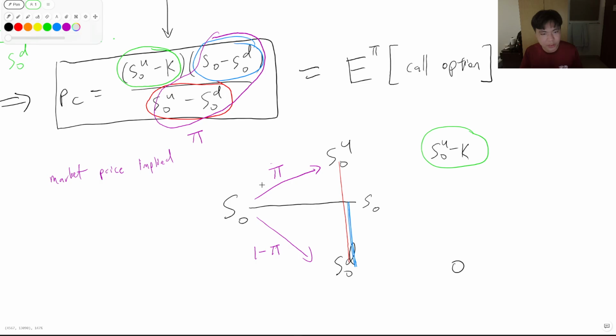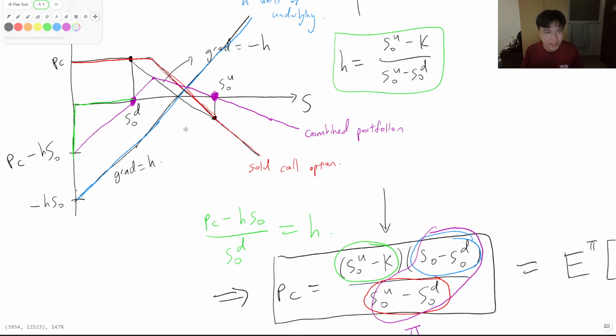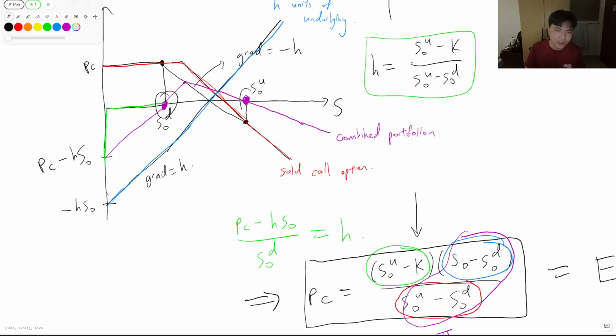And we are pricing our option based on that because even if we are wrong about the true probabilities, even if pi is not the true probability of an uptick, I do not actually care whether it upticks or downticks. Because the market was trading at S naught, I had the ability to hedge my short call option, hedge my positions such that I do not care about the outcome of the market.